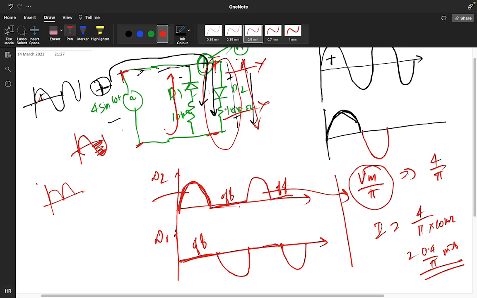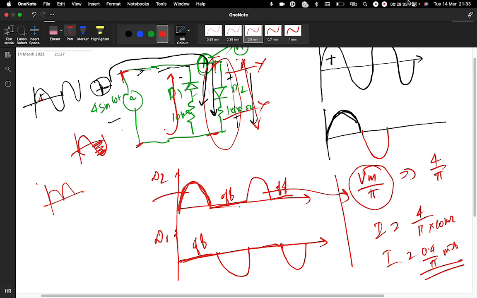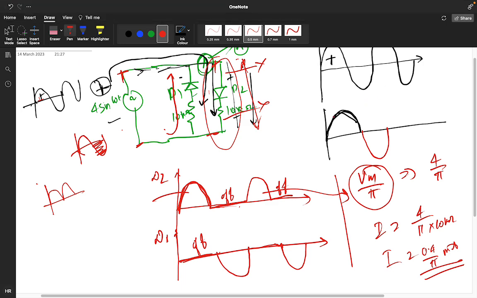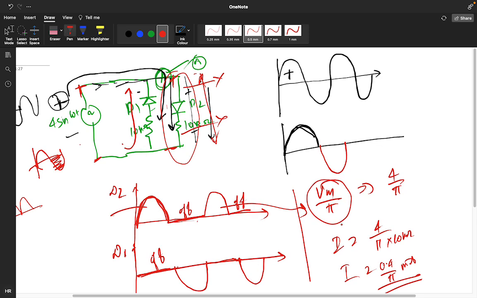Guys, right? Yes. So you are getting 0.4 milliampere current, and this is about the first. And if you see from this, you have the signal like this.